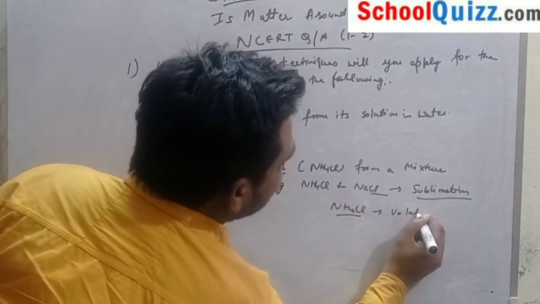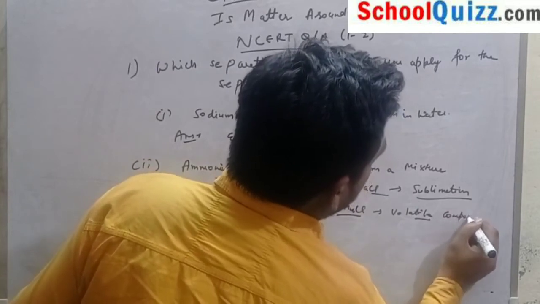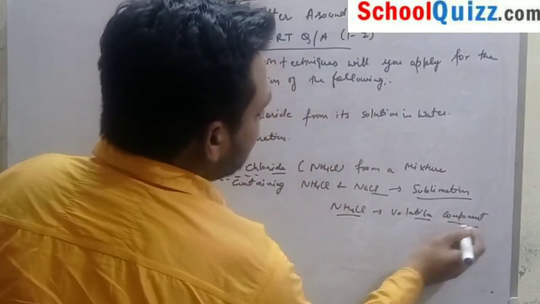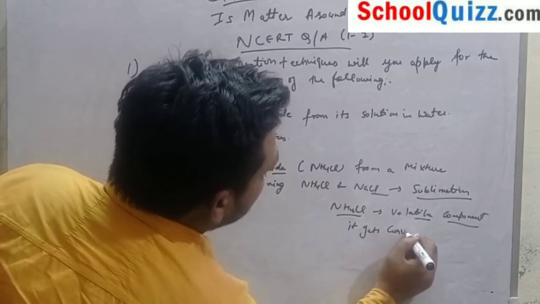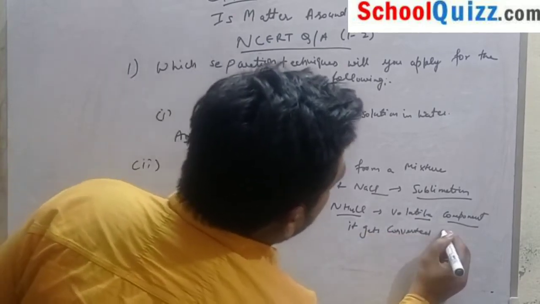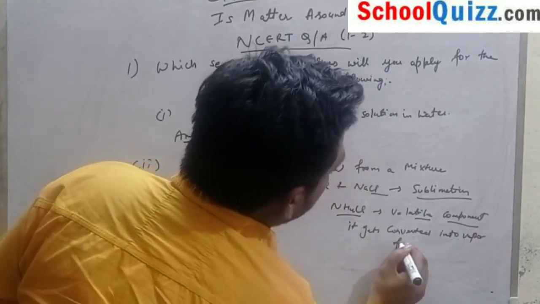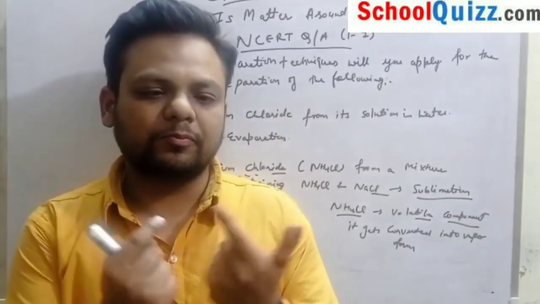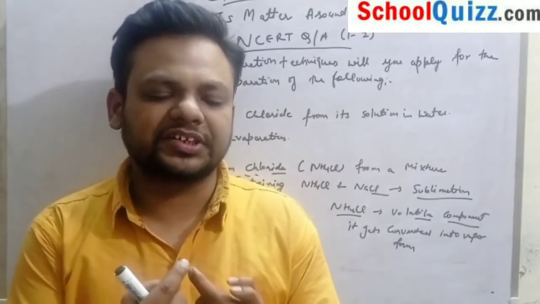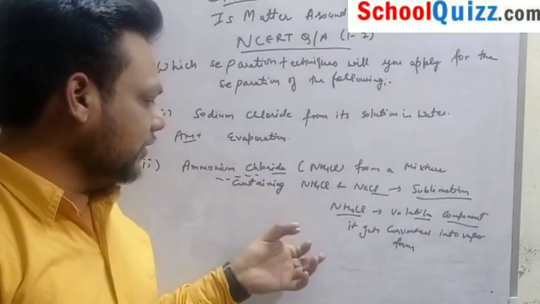We have already discussed the sublimation technique. When we heat it, ammonium chloride, as a volatile component, gets converted into vapor form and sticks at the sides of the funnel, and we can separate it that way.